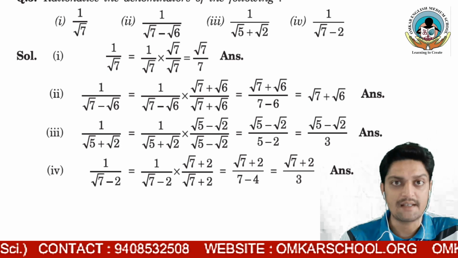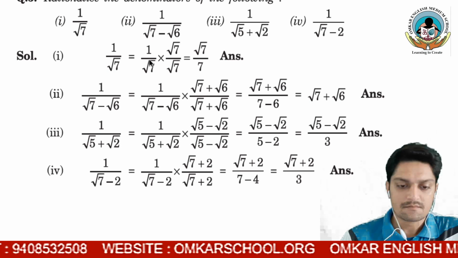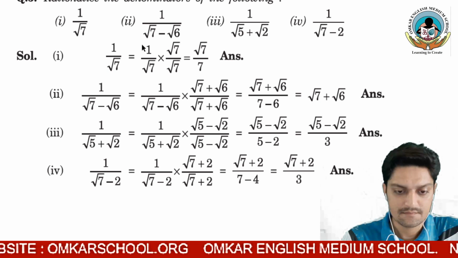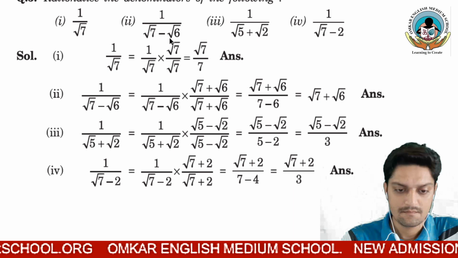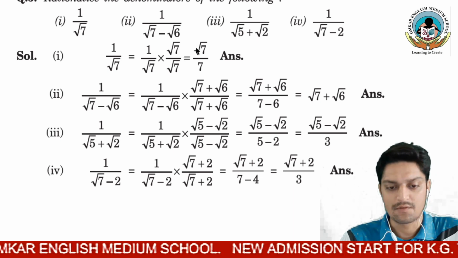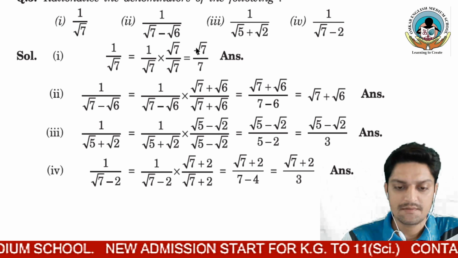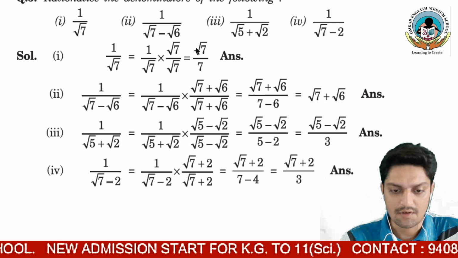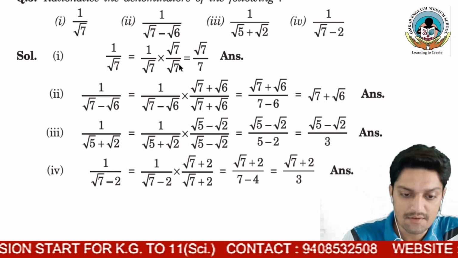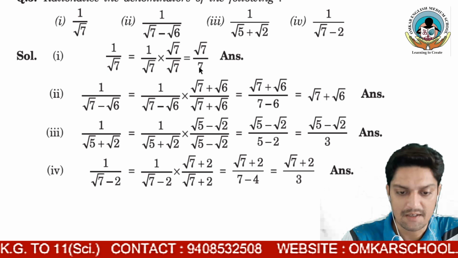So here you can see I have multiplied root 7 upside and downside. What will come in the numerator? Root 7. And what will come in the denominator? 7 only, because the same two roots are multiplied, so a single number will form.